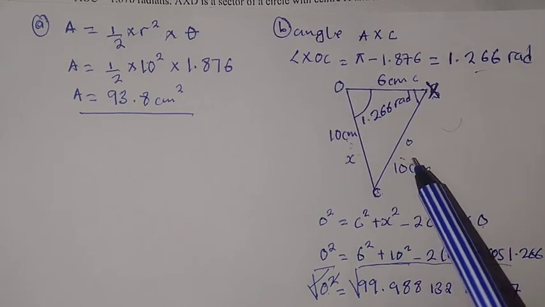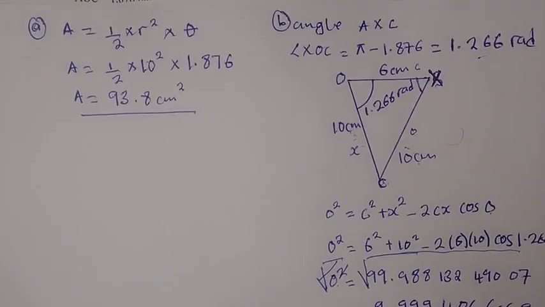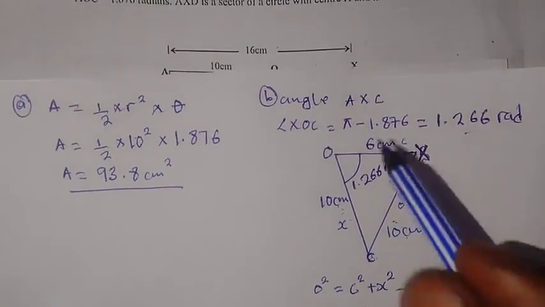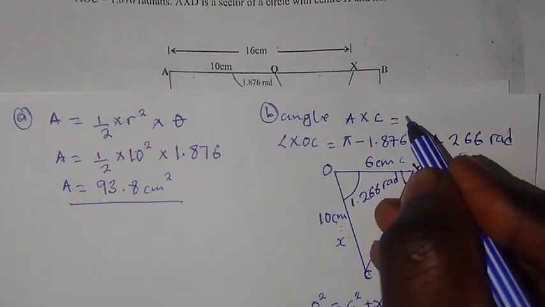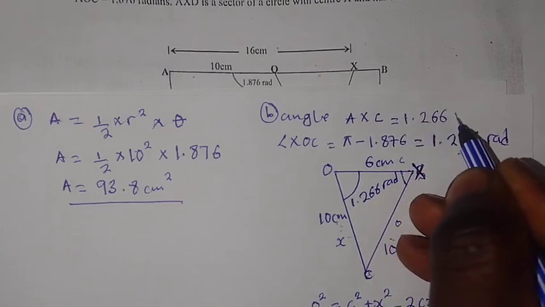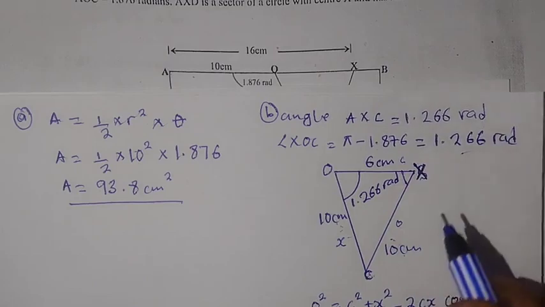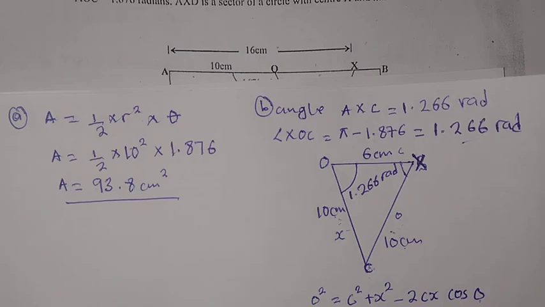These two length sides are equal, so it's an isosceles triangle. So here we are just going to say angle AXC is equal to 1.266 radians. So that was our answer. Okay, I hope it's clear.